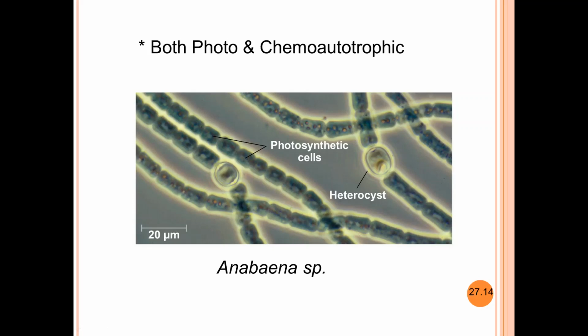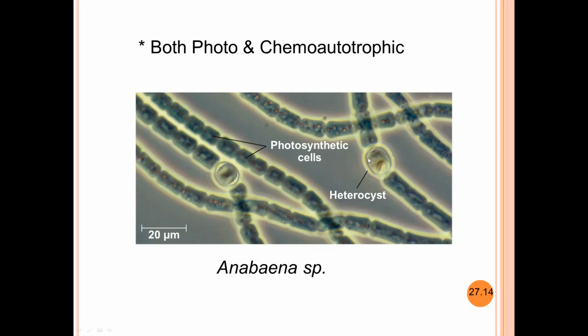But imagine if this organism in the water finds itself in an environment that has no light. If it's photoautotrophic and it doesn't have enough light, then obviously it would die. But this one doesn't do that. It has these other cells, so there's one right there that's labeled a heterocyst, and then there's another one right over here also labeled a heterocyst, and these are going to be the chemoautotrophic cells.